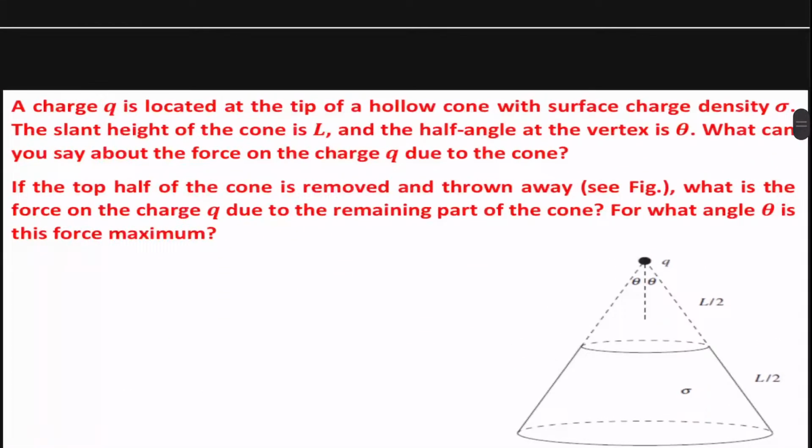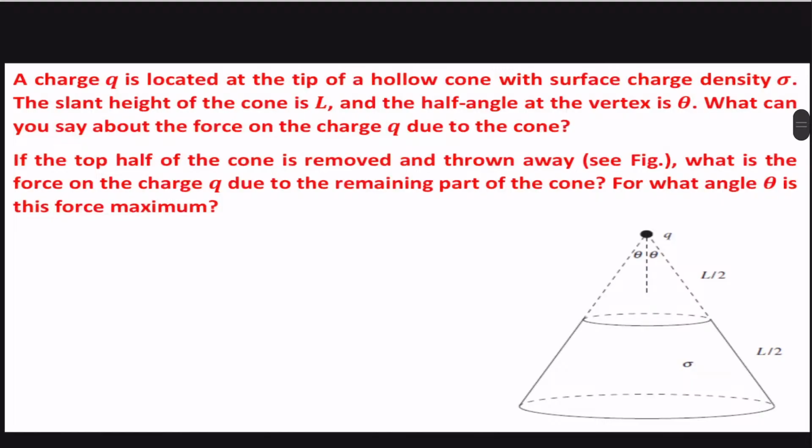So we come to our next question. And this question states that a charge q is located at the tip of a hollow cone with a surface charge density sigma.